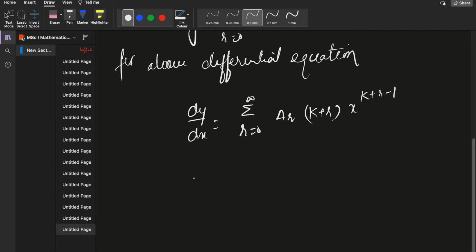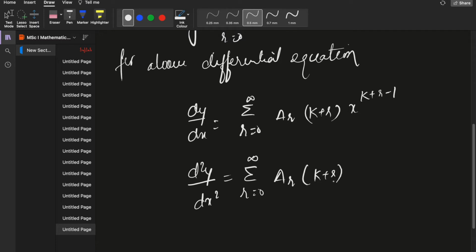If we differentiate a second time, this gives d2y upon dx square, which is summation r tends to 0 to infinity ar (k plus r)(k plus r minus 1) x to the power k plus r minus 2.